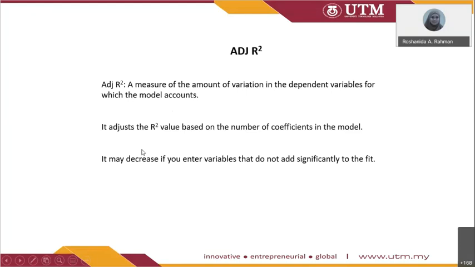However, there is another checking instrument. We call it adjusted R squared. This adjusted R squared is the measurement of the variation around the dependent variables with the model. So if you include so many insignificant terms into your equation, your adjusted R squared will be reduced. For example, you finished your experiment, you finished your ANOVA, and you got R squared 90%.